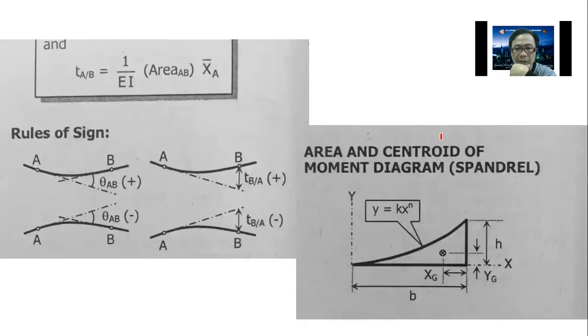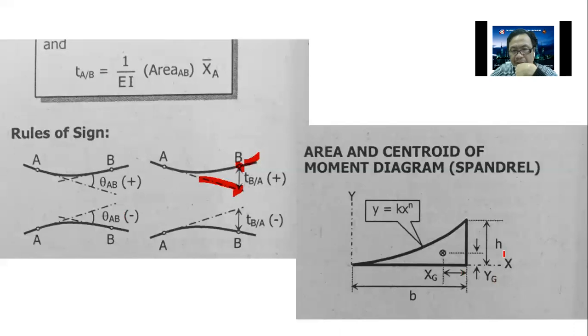As I have shown earlier, some important notes: the deviation is always measured from the elastic curve to the tangent line drawn from a certain point. This is the tangent line, and this is the elastic curve.